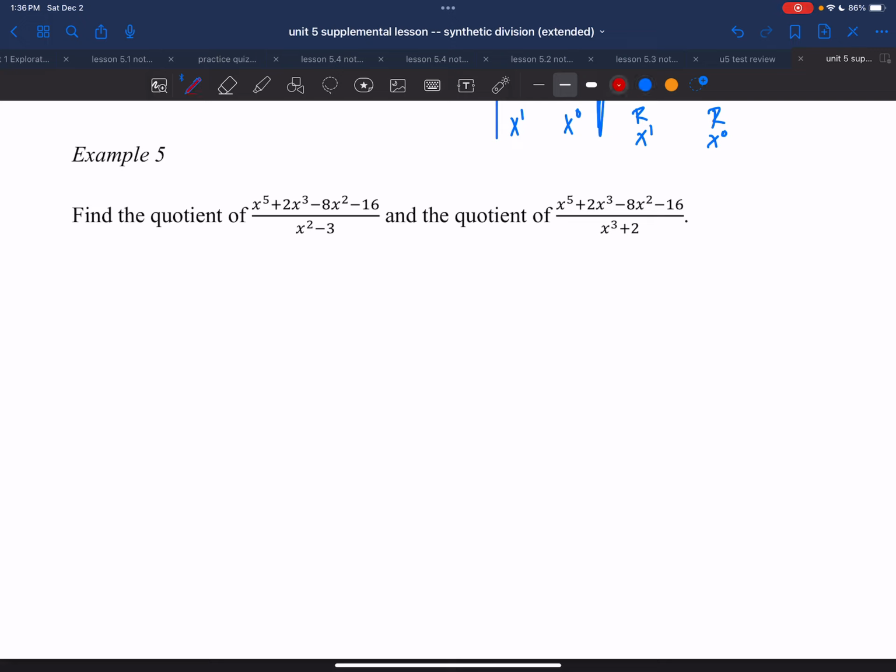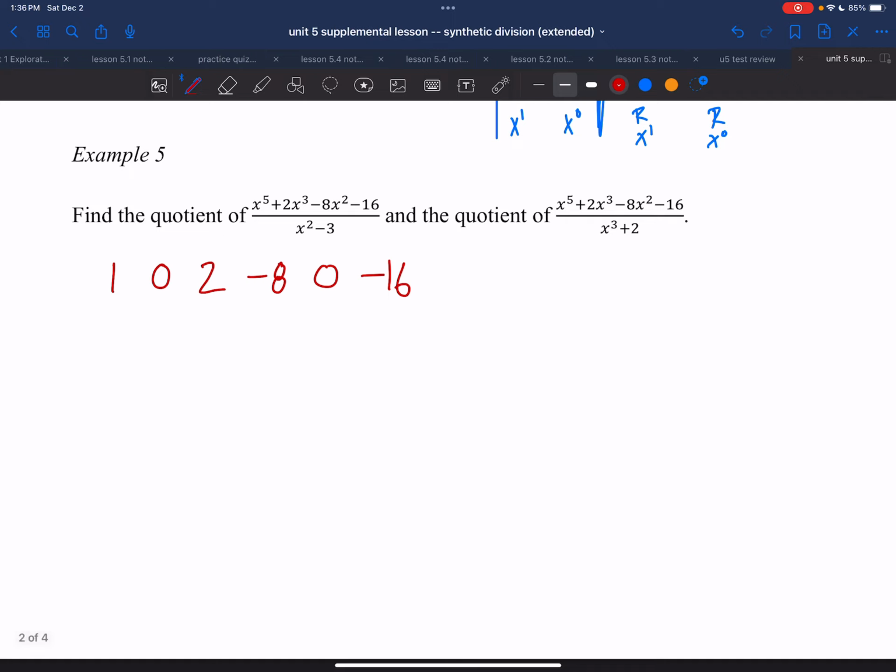So let's start with this first one here. Be careful with your powers now. Notice this is degree 5. There is no x to the 4th. There is no x to the 1. So it's 1x to the 5th, 0x to the 4th, 2x cubed, negative 8x squared, 0x, negative 16.